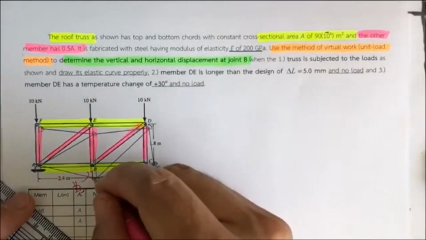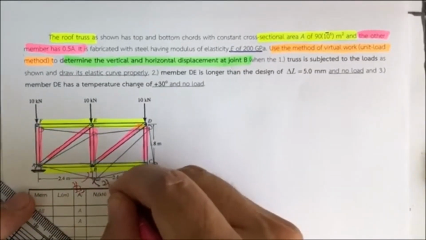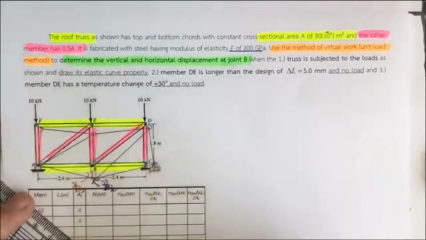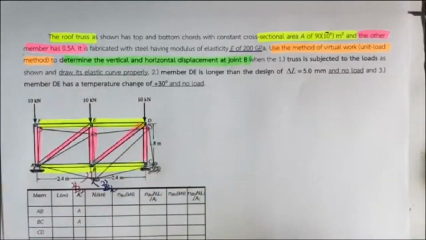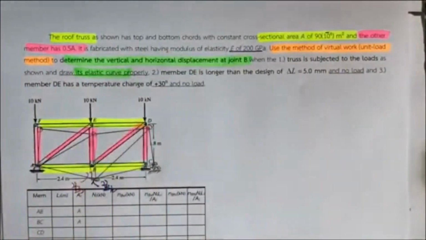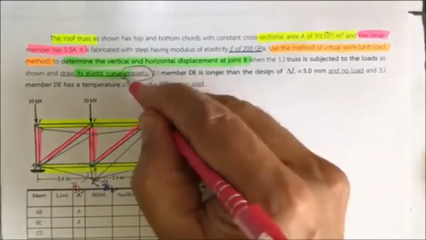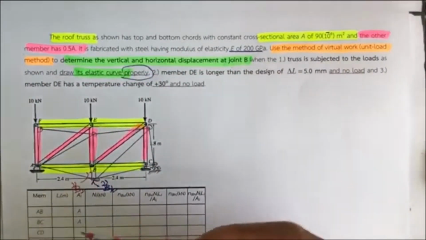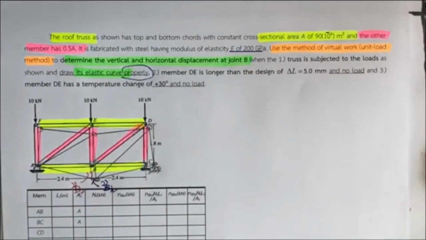It also asks us to determine V sub B horizontal. That is going to be our elastic curve, but it isn't drawn properly yet until we get the value of the deflection. It is just the expectation, using your engineering sense and engineering judgment.